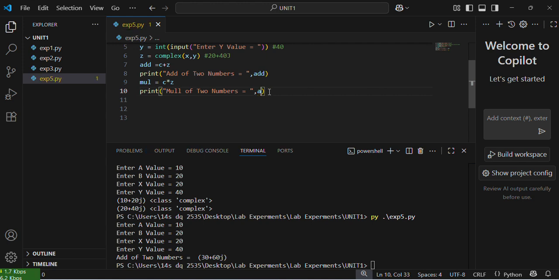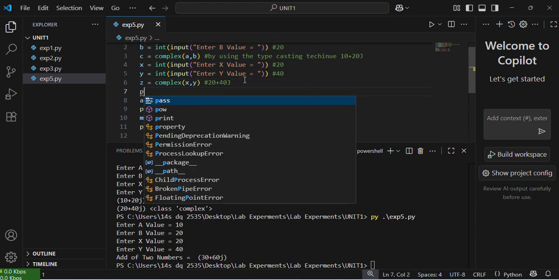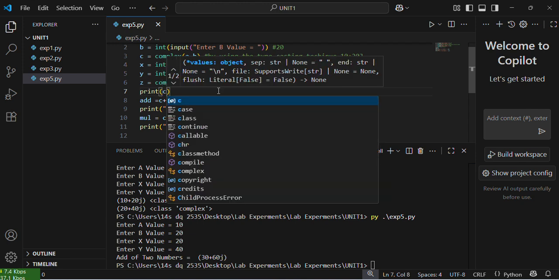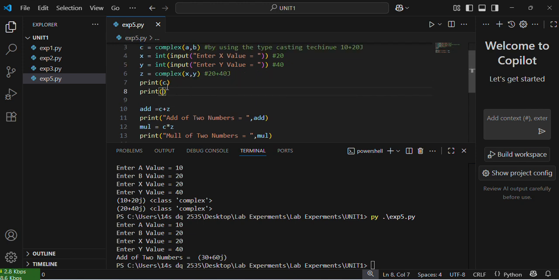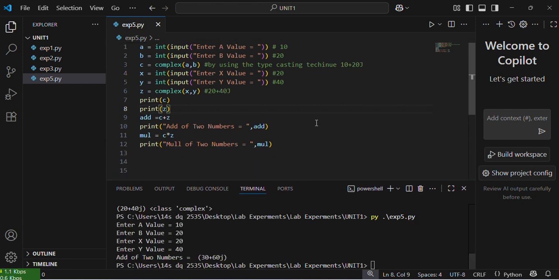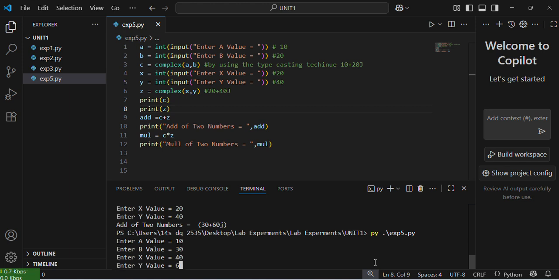Print the multiplication of two numbers. Running the Python file with inputs 10, 30, 40, 60.